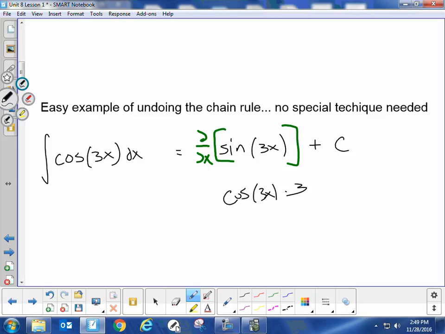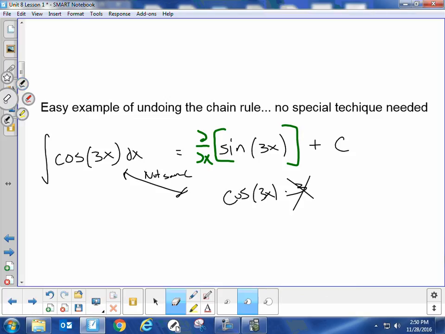Chain rule. Well, that is not the same as that. I need to somehow get rid of this 3. What can I put in front of sine of 3x so that I'd be able to get rid of that 3?